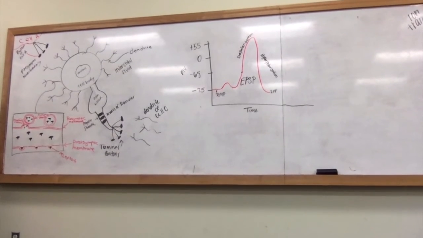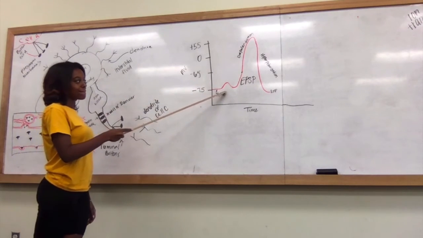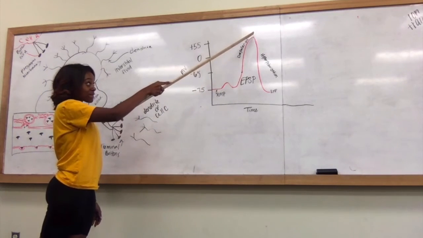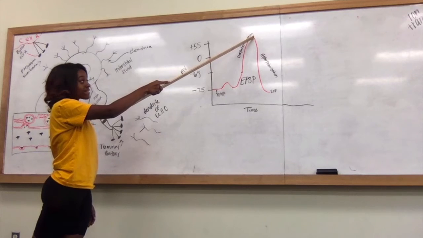They add together at the axon hillock at the point of voltage-gated channels. This process initiates action potentials from rest because of summation from multiple EPSPs reaching excitation. Then drastic amounts of sodium enter the cell, causing it to reach positive 55 from negative 65.